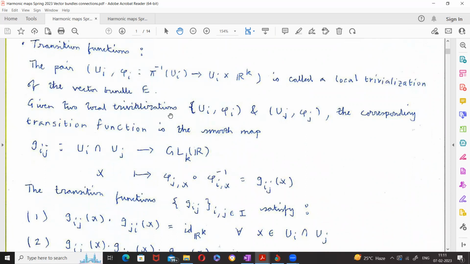So now given two local trivializations, (U_i, phi_i) and (U_j, phi_j), we get what's called a transition function.